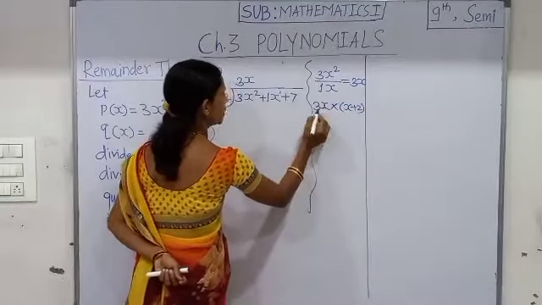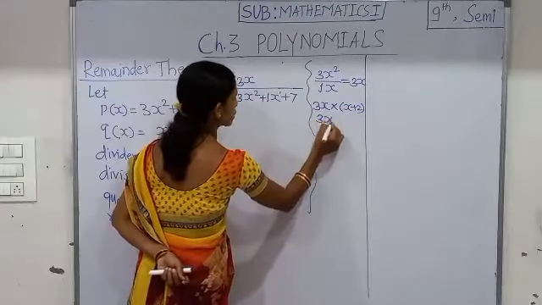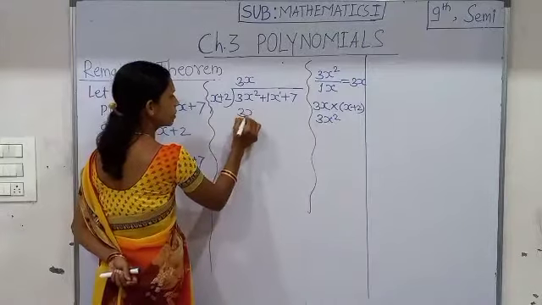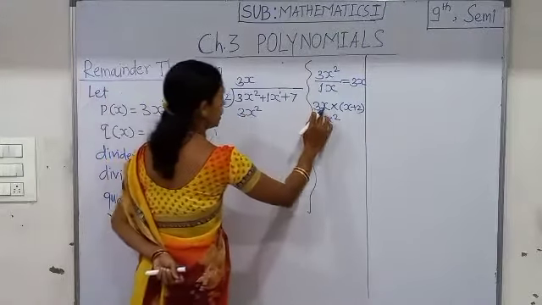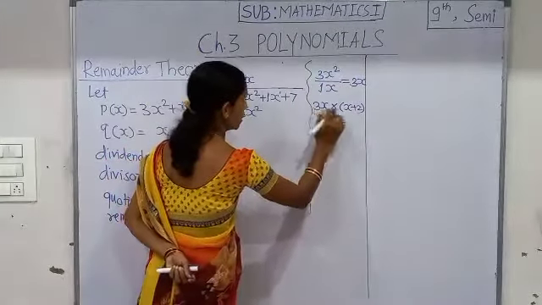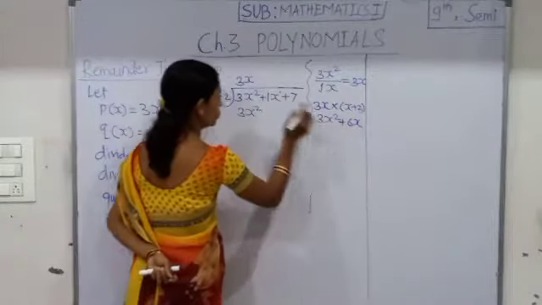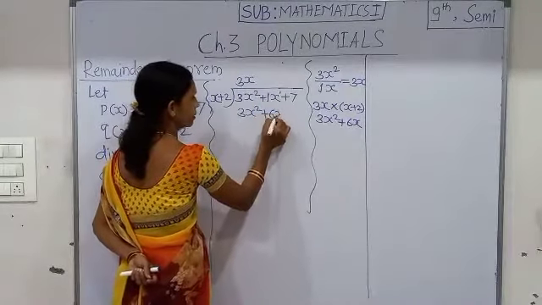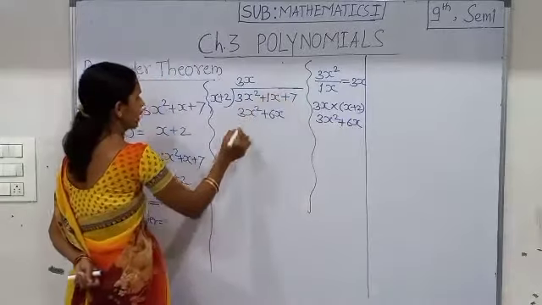Here we get 3x into x, 3x square, which is written below the like term, as well as 3x into 2, that is 6x, which is also written below the 1x.